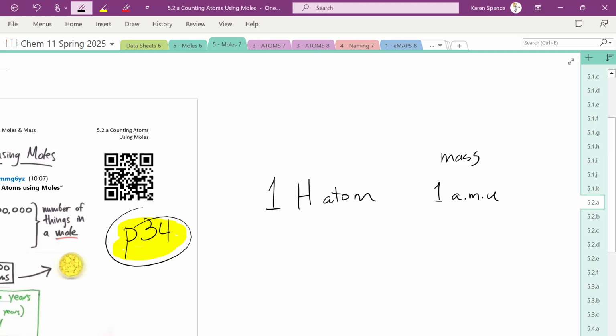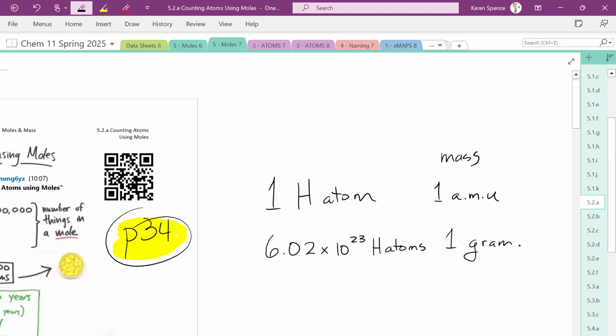But if I give you 6.02 times 10 to the 23 H atoms, that has a mass of 1 gram.